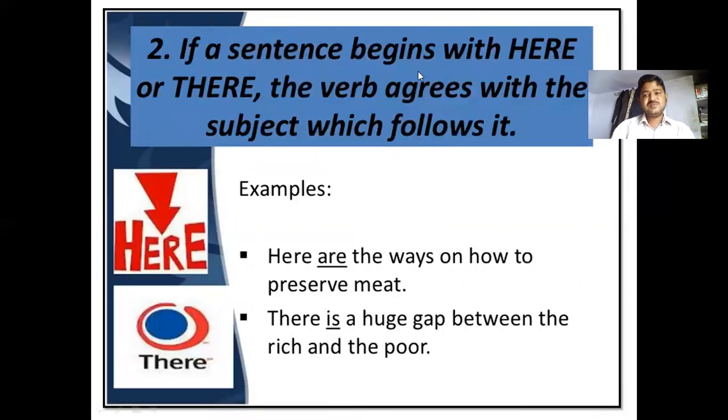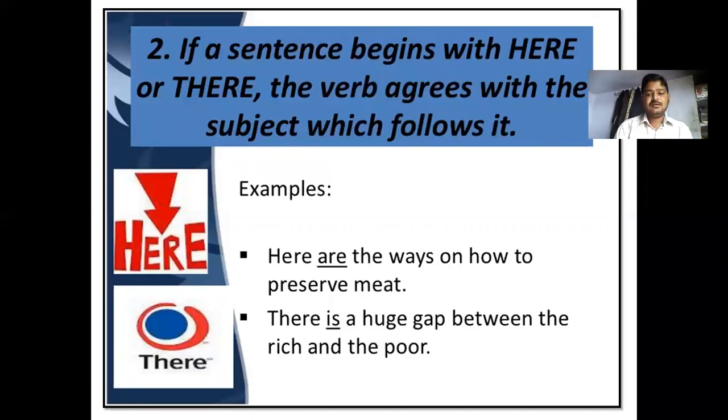Second, if a sentence begins with here or there, the verb agrees with the subject which follows it. For example, here are the ways on how to preserve meat.